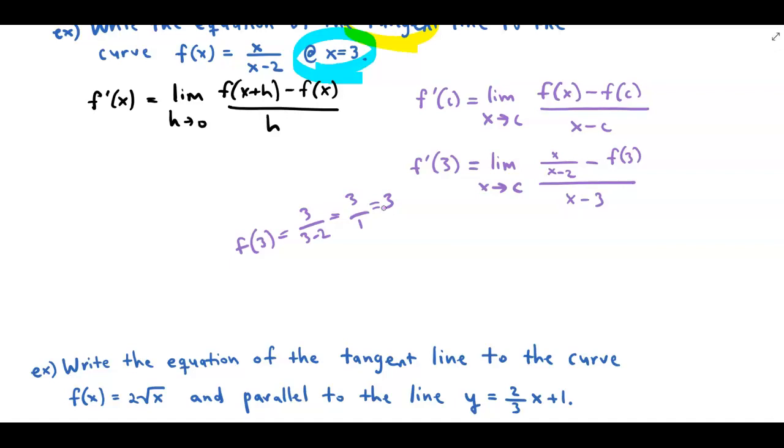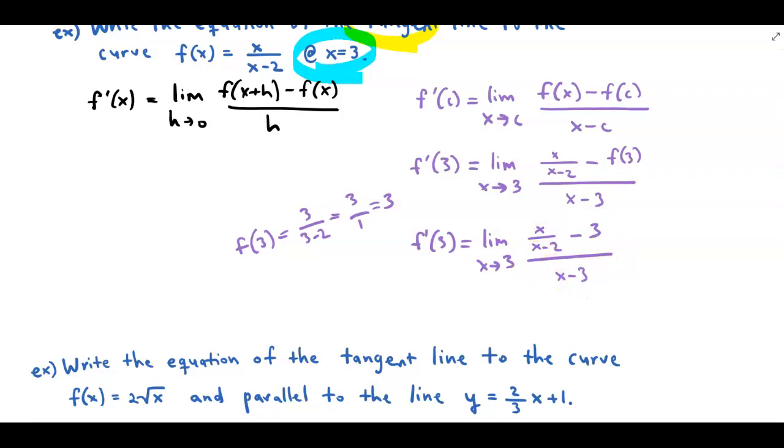Kind of confusing because x is 3, and so it just so happens that the y value is also 3. Alright, so let's continue. So we have our limit as x approaches 3. So let me go ahead and fix this guy too, because this should have been 3. Alright, now we have x over x minus 2 minus f of 3. F of 3 is 3 over x minus 3.